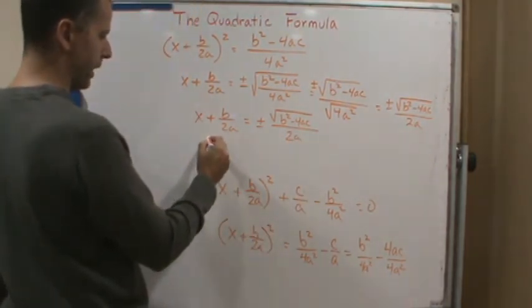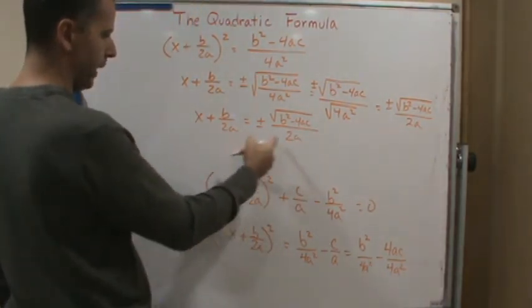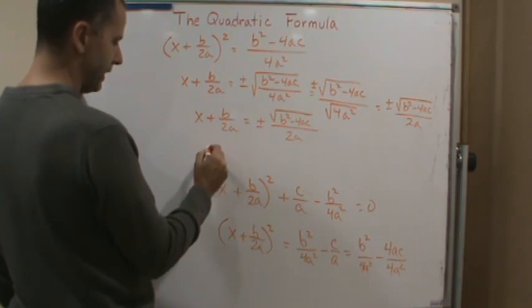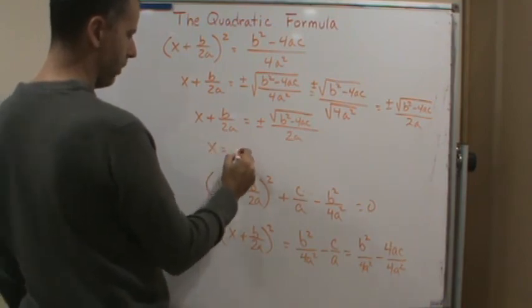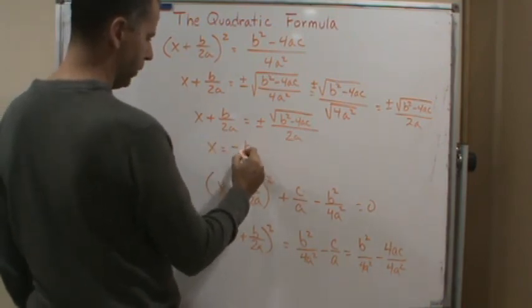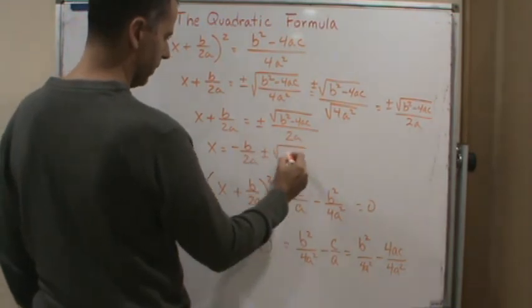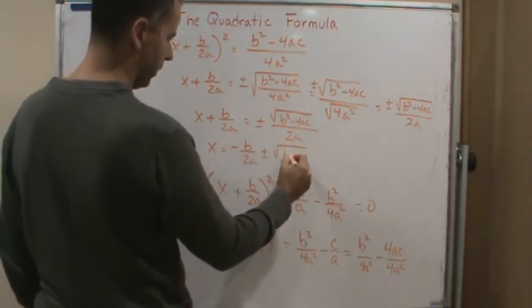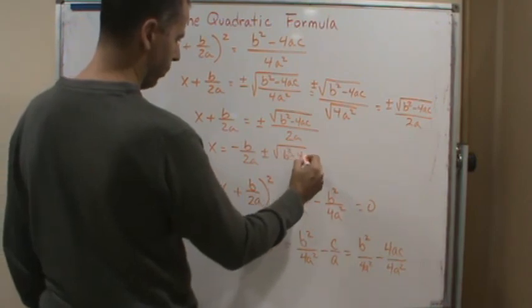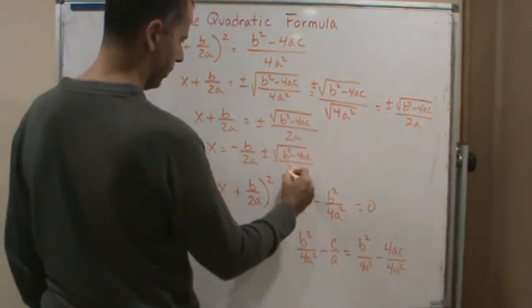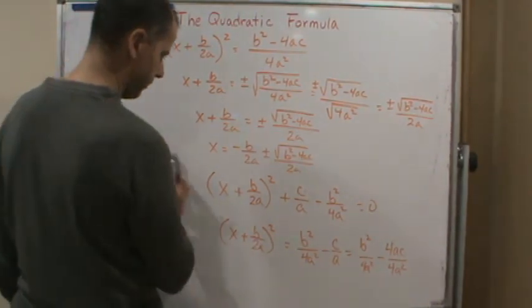Now I'm going to subtract b over 2a from both sides, and I get x equals negative b over 2a plus or minus the square root of b squared minus 4ac over 2a.